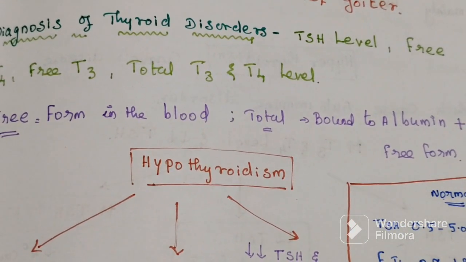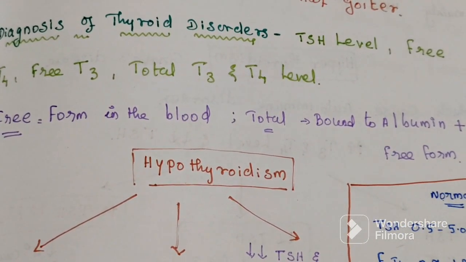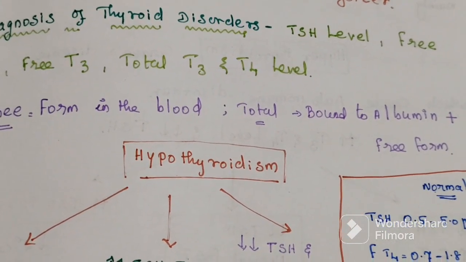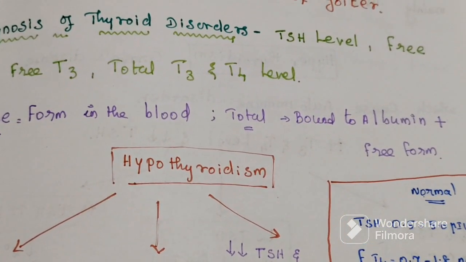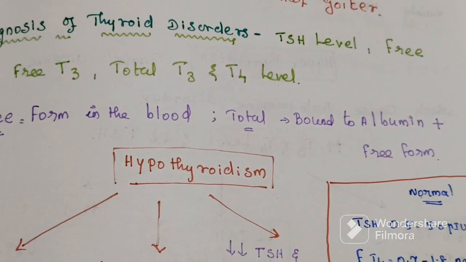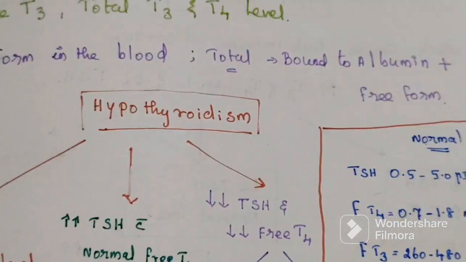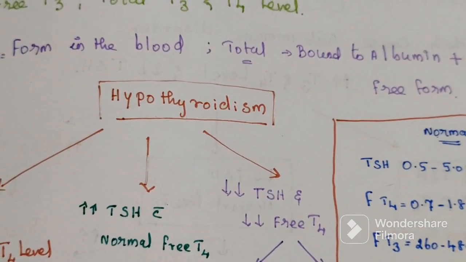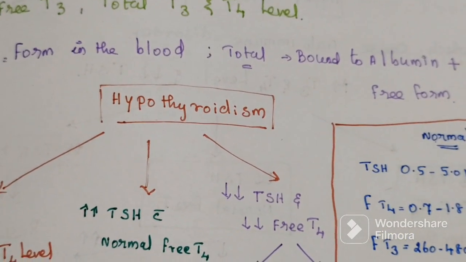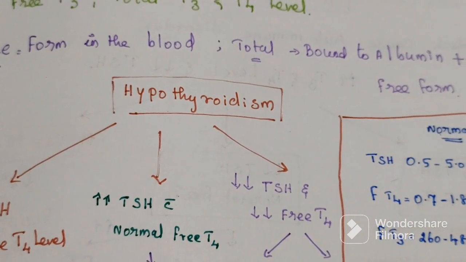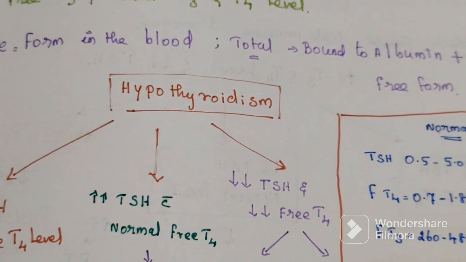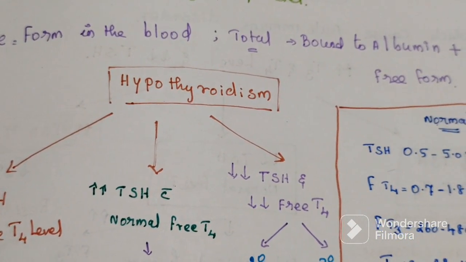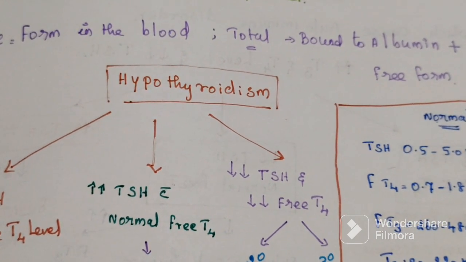Thyroid hormone is present in blood in a bound form, bound to thyroid binding globulin or thyroid binding albumin. These are the circulatory forms of thyroid hormones, mainly in the bound form.